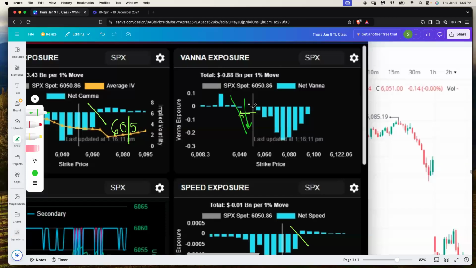No, sorry, 50, counting down. 50, 45, 40, and then 35, right? 35 and 40 are the flip zones. If we can flip 35, we'll hit these two areas. This is your 25, unlikely to cross over.